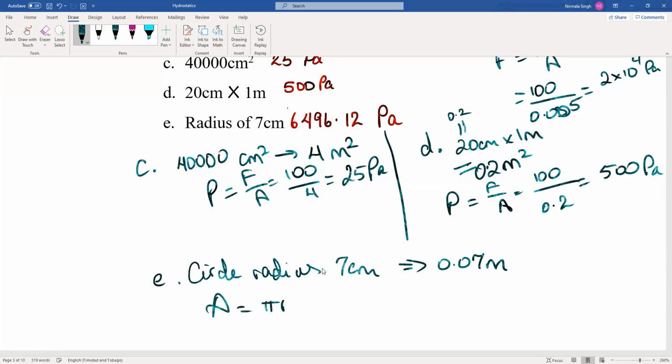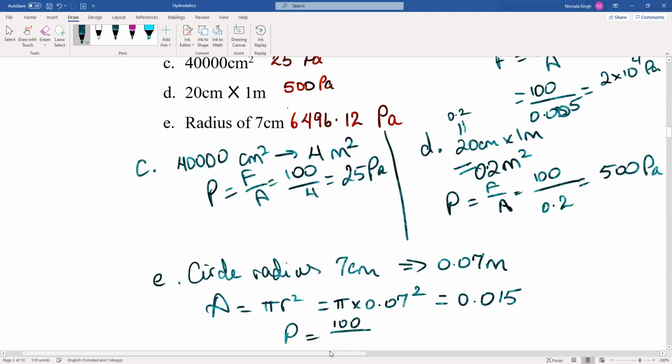It's going to be pi r squared, or pi by 0.07 squared. So that will give me roughly 0.015. I want to work on my pressure. My pressure will be 100 over 0.015.